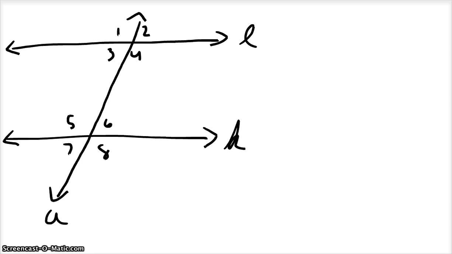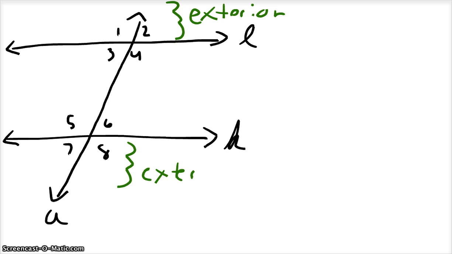Okay, so I know I talked about exterior and interior. Exterior means outside. So when they're saying outside, they're saying outside of the two non-transversal lines. So 1 and 2 would be exterior. And so with 7 and 8, that would be exterior. But 3, 4, 5, and 6 would be interior.